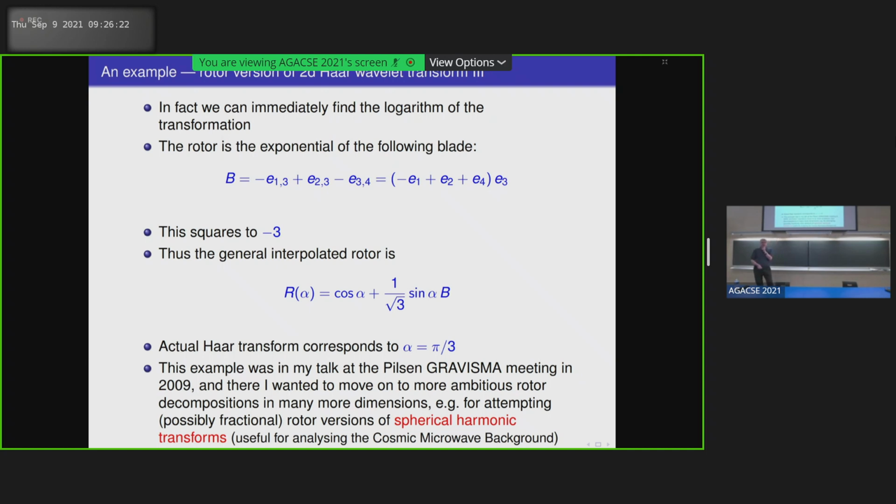You can just factorize it out, and here's the explicit blade you take e to the B of to get the Haar transform. This squares to -3, and the general interpolated rotor is R of alpha is cos alpha plus 1/√3 sin alpha B. And the actual Haar transform then is where you have alpha is pi/3, but then you have all these other possible transforms for different values of alpha.